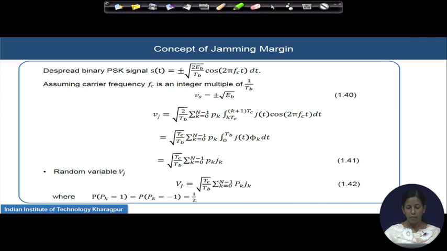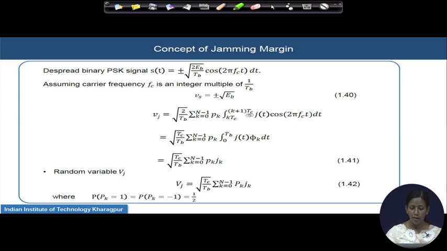For V_j, if I substitute the value of J_k, it will be a summation, and the integration of J(t) is running over a period of T_c.